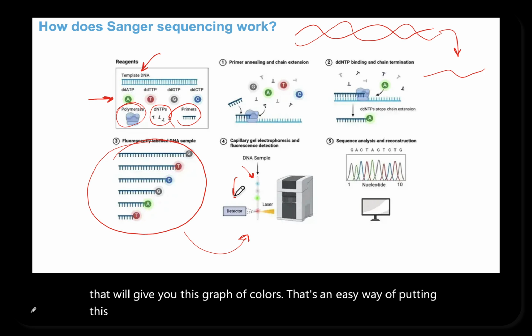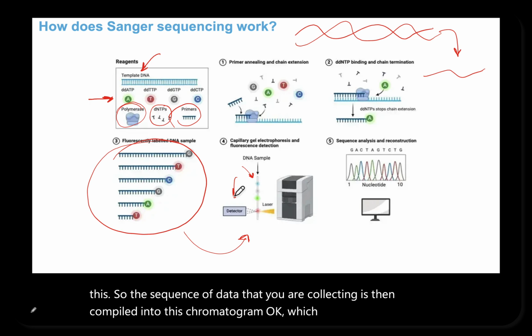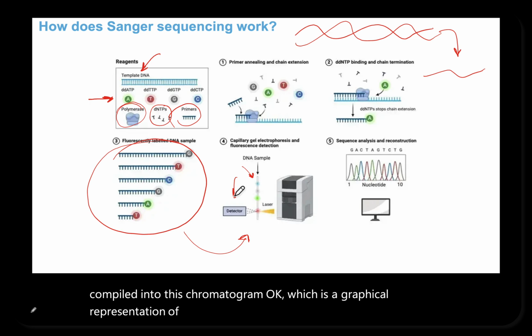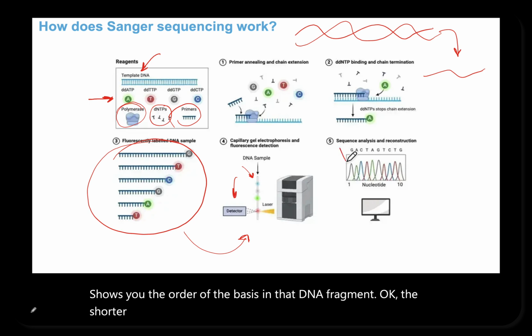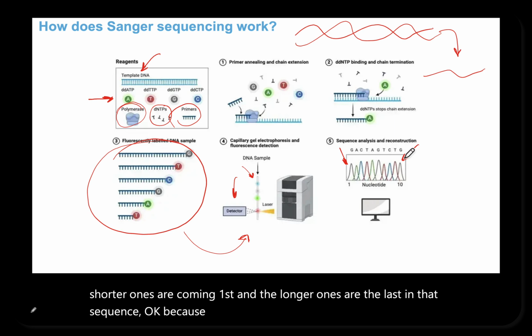So the sequence data that you are collecting is compiled into this chromatogram, which is a graphical representation of colors. This graphical representation shows you the order of the bases in that DNA fragment. The shorter ones come first, and the longer ones are last in that sequence, because that's how they passed through the tubing.